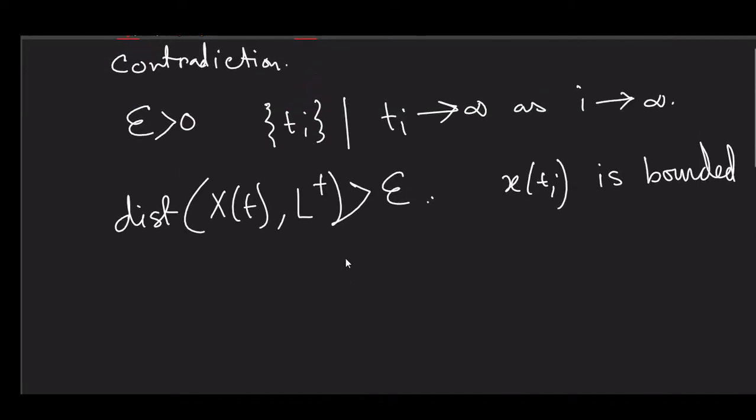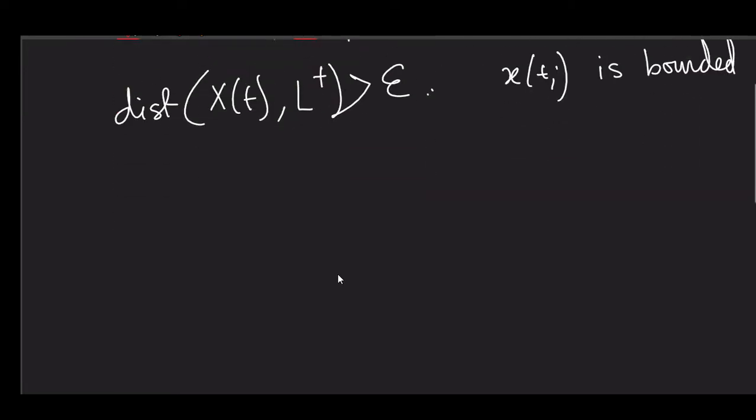So if it is bounded, then what happens to a bounded sequence? If we increase that t_i, the bounded sequence will converge to somewhere. I always make this mistake. X is a vector, so we should use a capital letter, not small x, right? They will converge to some x star.